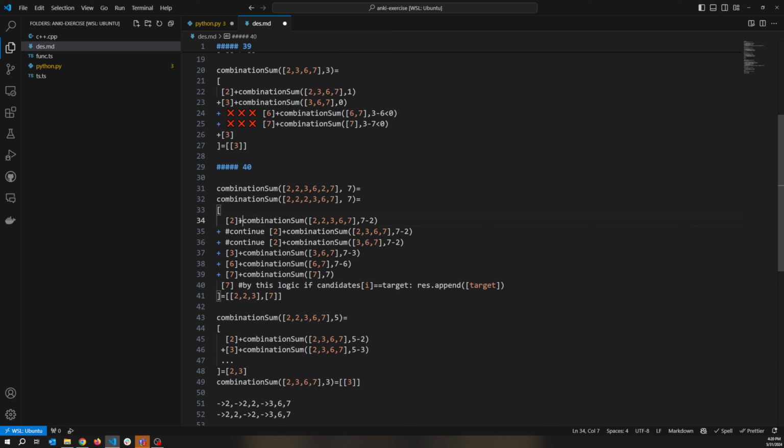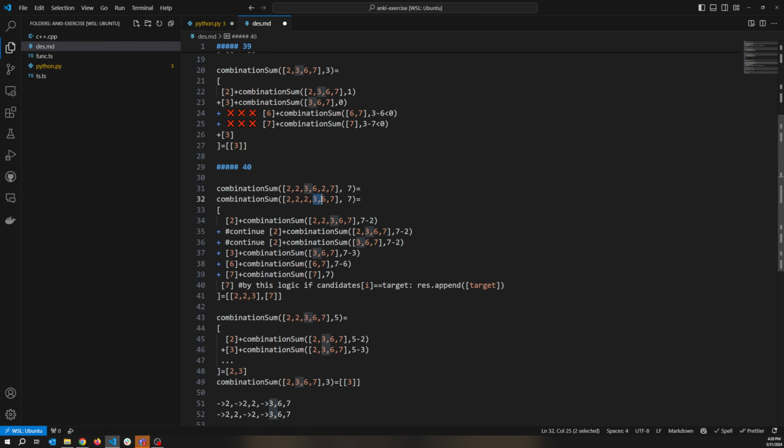Now, because we already got 2, we are going to go just here. 2, 2, 3, 6, 7. So I itself, which is this one, is not included, and 7 minus 2. Then for the next one, we know that we have to continue that. We ignore it. Here, we are going to ignore that one as well, because we already captured them here. And if we include them, we are going to have duplicates.